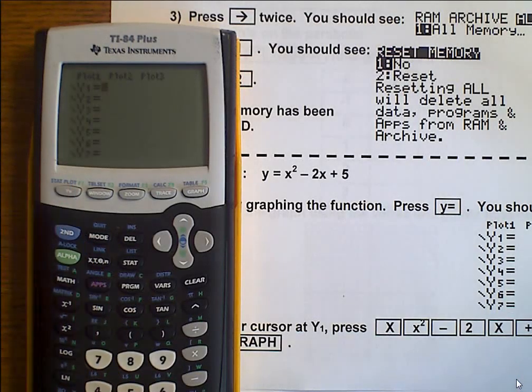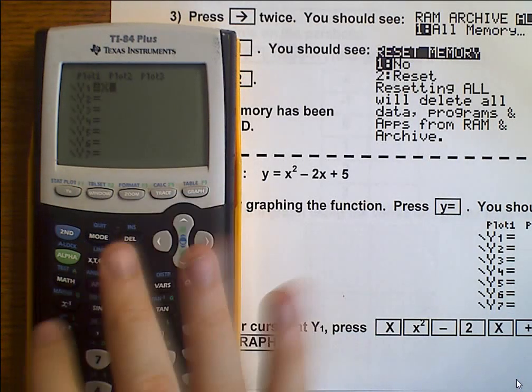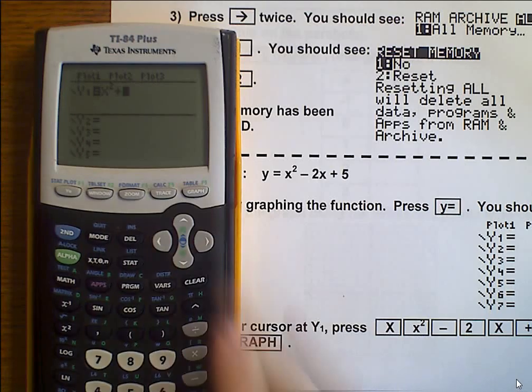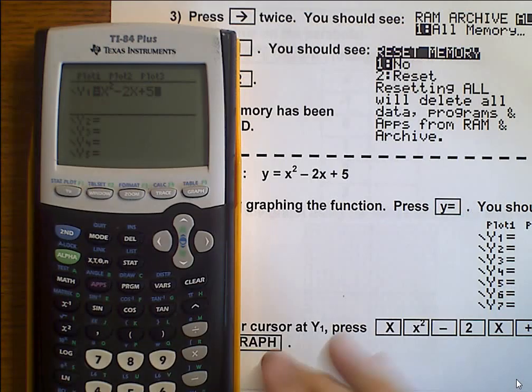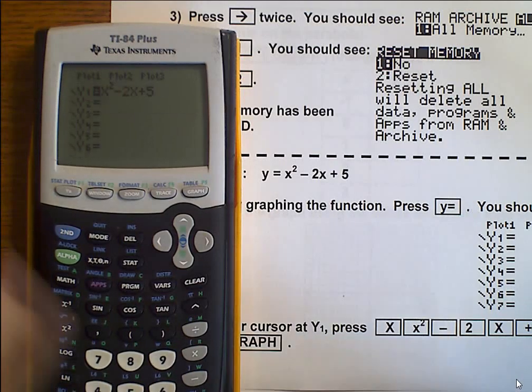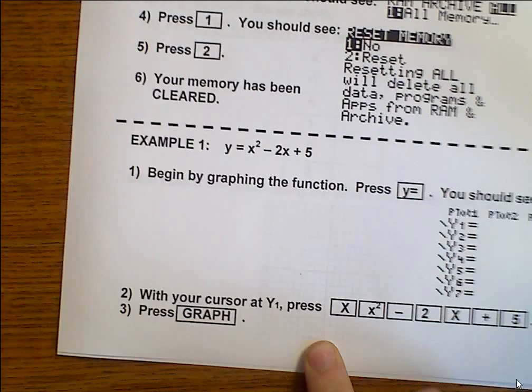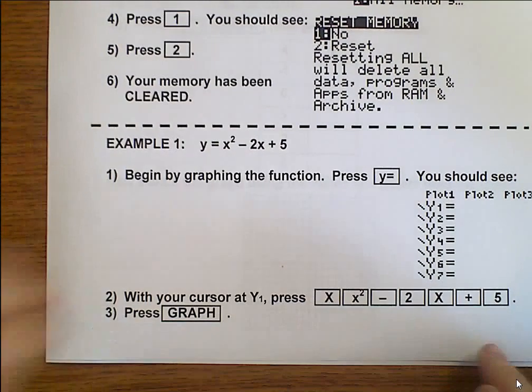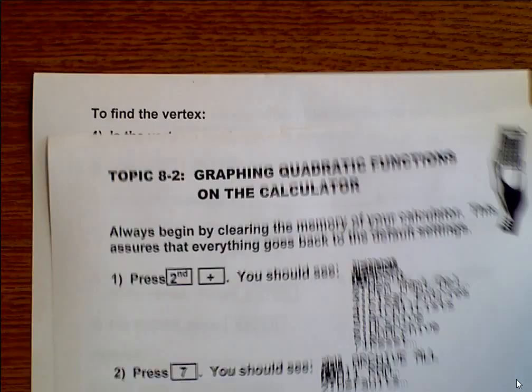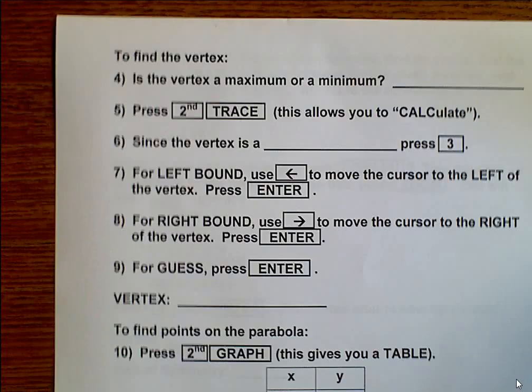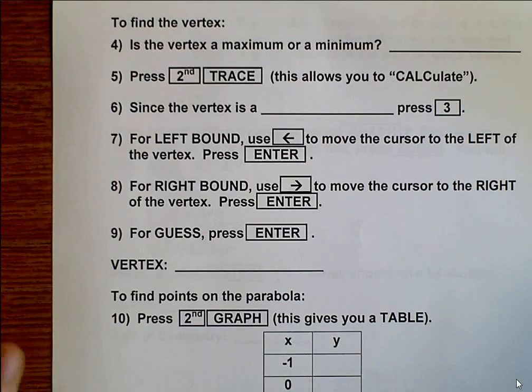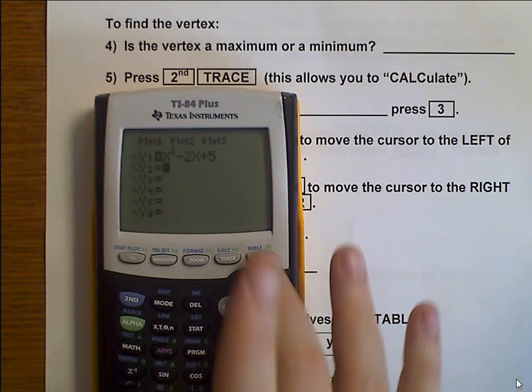We're just going to type what we see: x squared minus 2x plus 5. Just make sure it matches. Okay? Which are the instructions that it gives you right here. And the very last step you do is you want to hit graph.